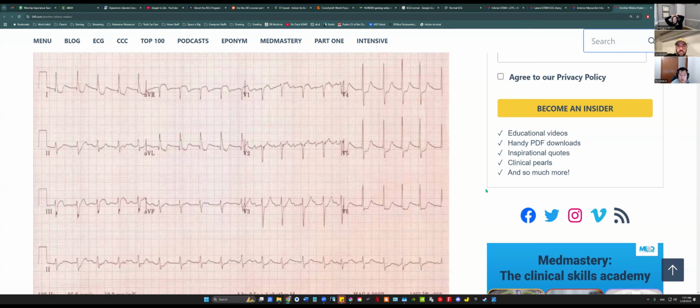Axis deviations are not as useful anymore because cardiac echoes exist, and they give us information about left ventricular hypertrophy, right ventricular hypertrophy, and pulmonary physiology. So echoes give us more accurate information than EKGs. Getting an axis on the EKG is kind of a dinosaur practice.